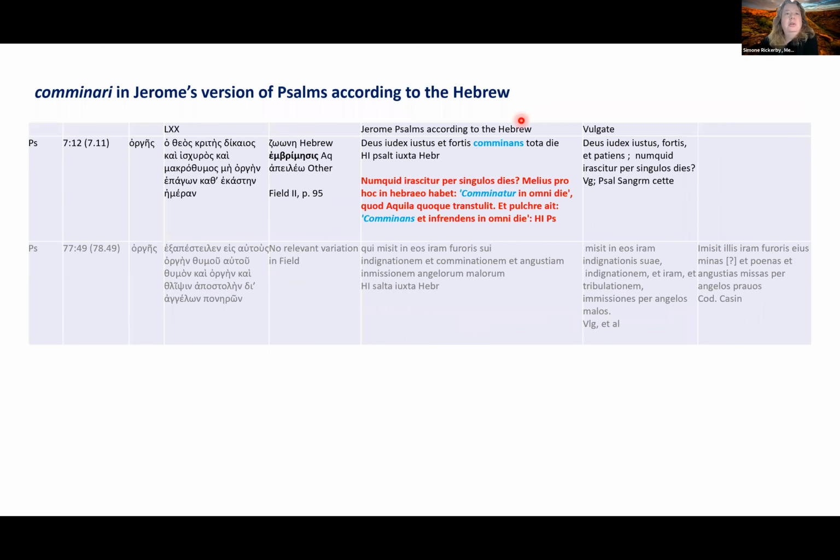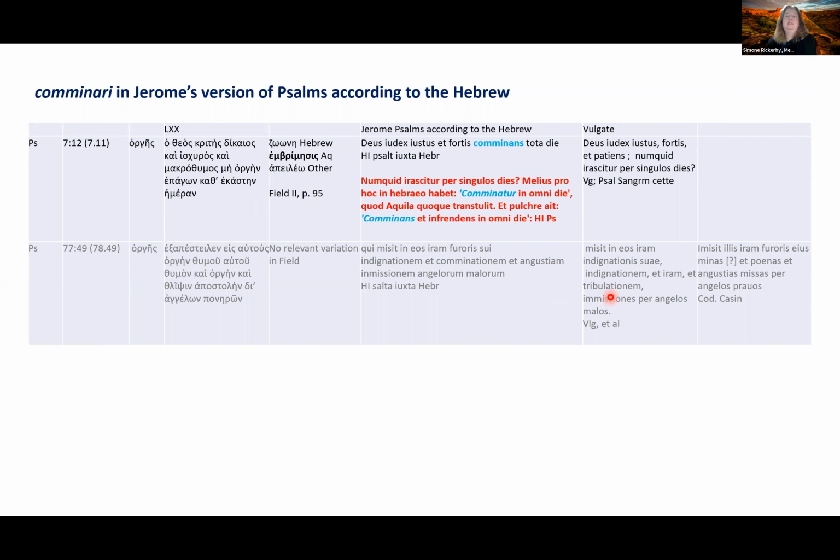This time solely in conjunction with Jerome's version according to the Hebrew. Here we find comminari an additional 2 times in Jerome's text, Psalm 7:12 and Psalm 77:49. The confused nature of the Latin evidence from Psalm 77:49, along with the lack of epitomao or embrymalmai in the underlying Greek, means that this example must be dismissed for now.